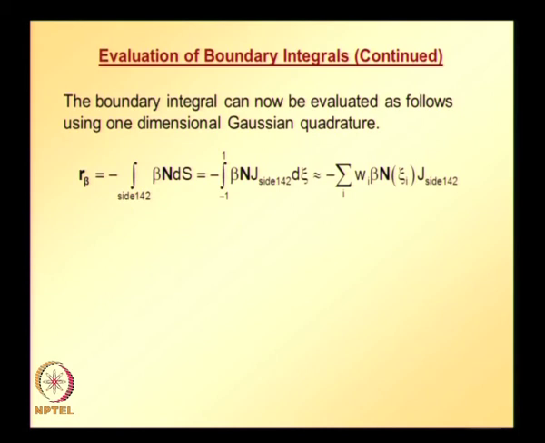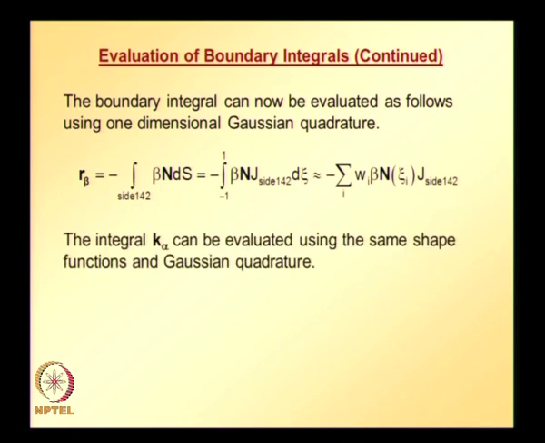This integral can be approximated using one dimensional Gaussian quadrature by evaluating the integrand at each of the integration points, multiplying with the weight and summing up the contribution from all the integration points.